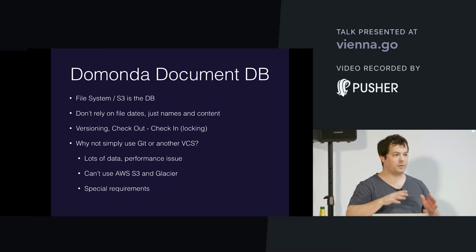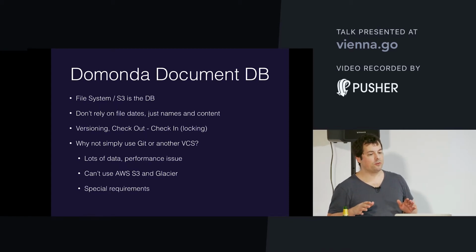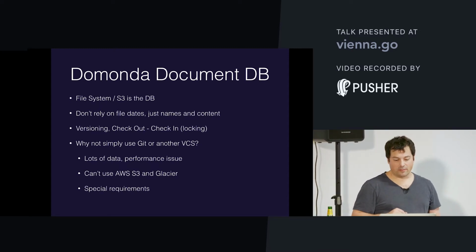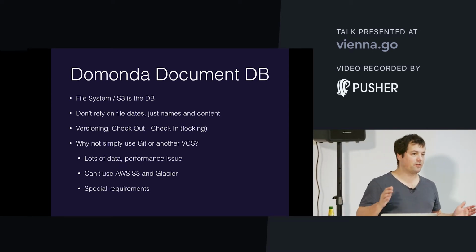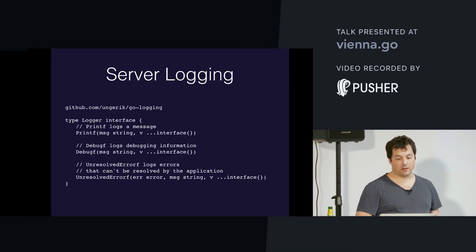And we have our own special requirements. So by developing our own thing, we have complete control over what's going on. And that has paid off so far. There have been lots of things going wrong in development, but we never lost any data, and we have the complete history of everything. And yeah, that has paid off so far.